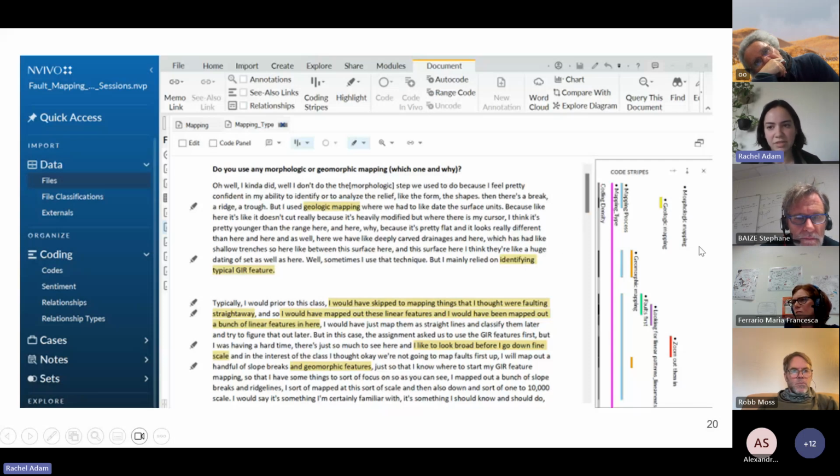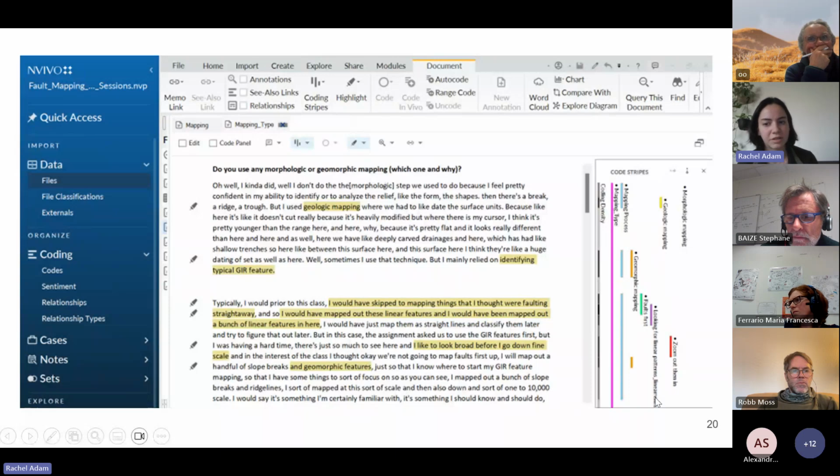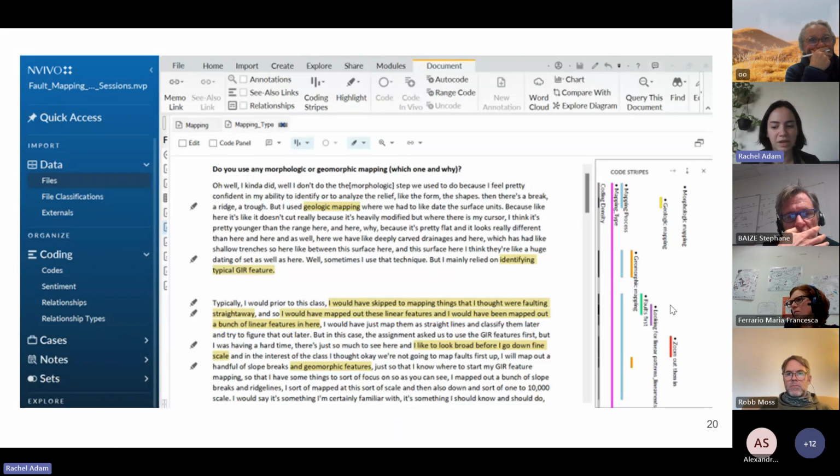And on the right side, you can see some of the things that I'm coding, something about their mapping process. Someone mentioned geomorphic mapping. Someone mentioned a generalized term of what their process looks like: I like to look at patterns far away, close together. And I would do this for every single interview, every single listening session, and code all of them to get certain metrics and themes out of it after the fact.